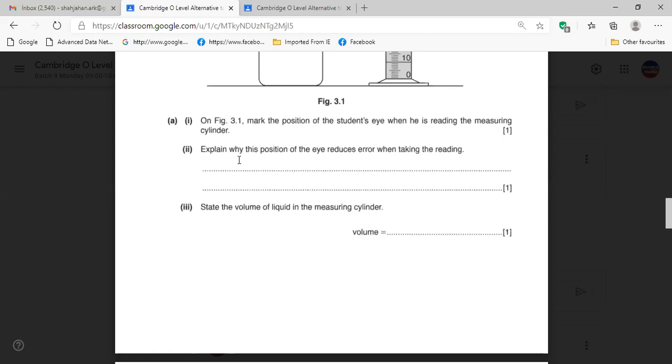Yes, sir, no parallax error. Okay, to avoid parallax error. Done. Good.